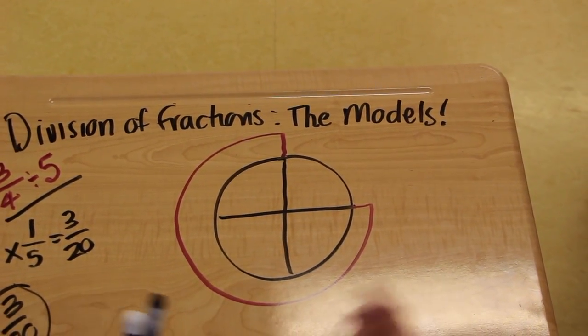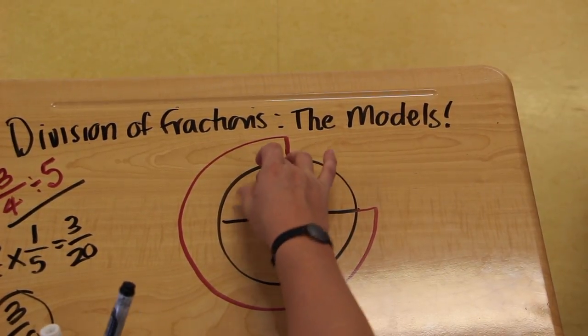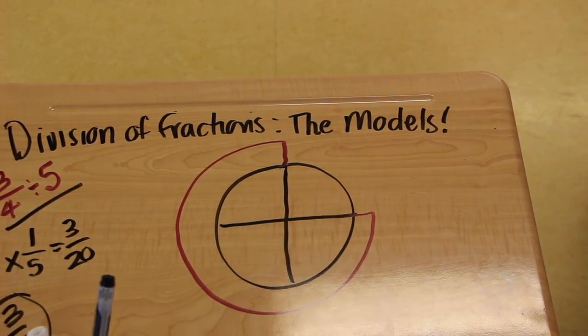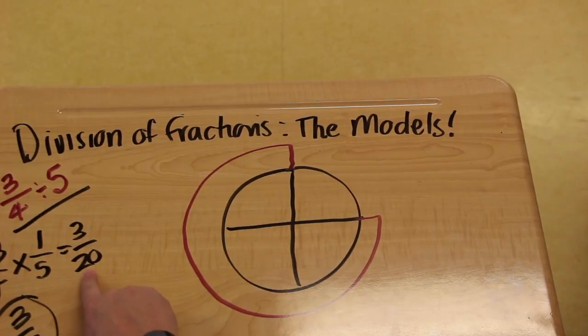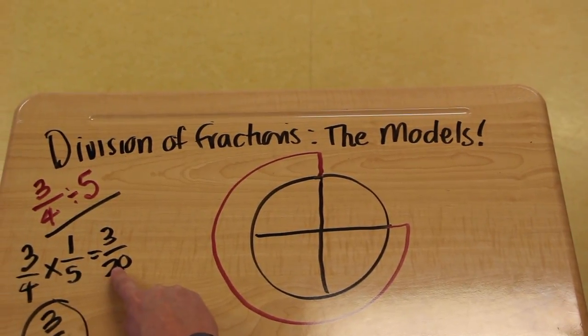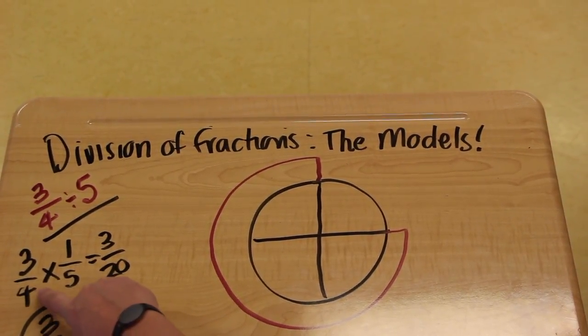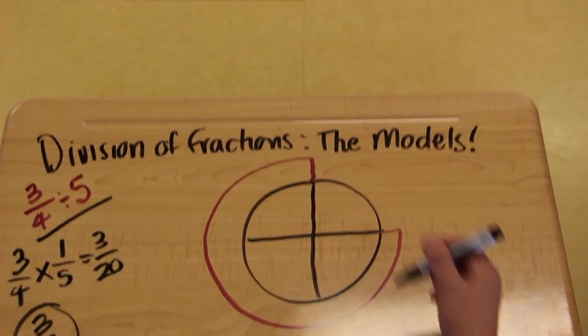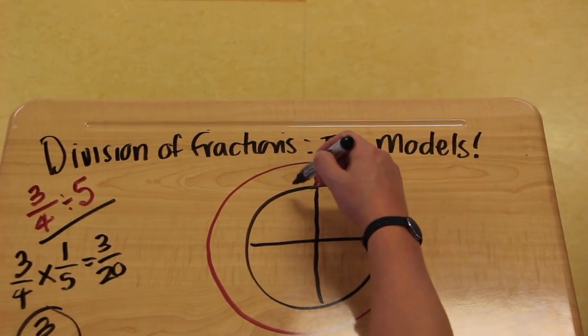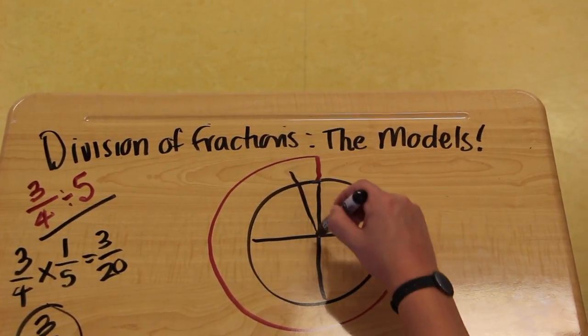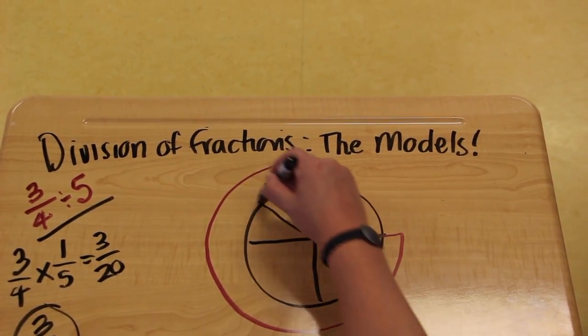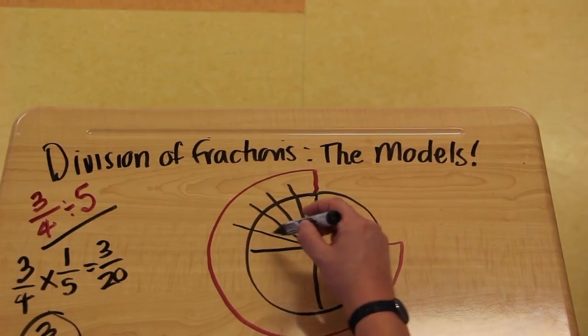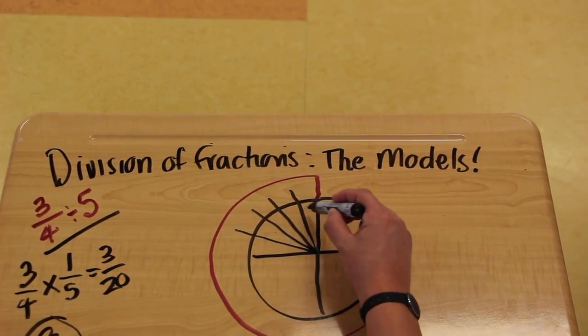So instead, what we do is we divide each piece into 5 and we give ourselves a new denominator. And that's pretty much what we're doing over here mathematically, right? We're dividing each one of these pieces of 4 into pieces of 5. So if I divide these into pieces of 5, I'm going to have 1, 2, 3, 4, so that's 5 pieces. 1, 2, 3, 4, 5.